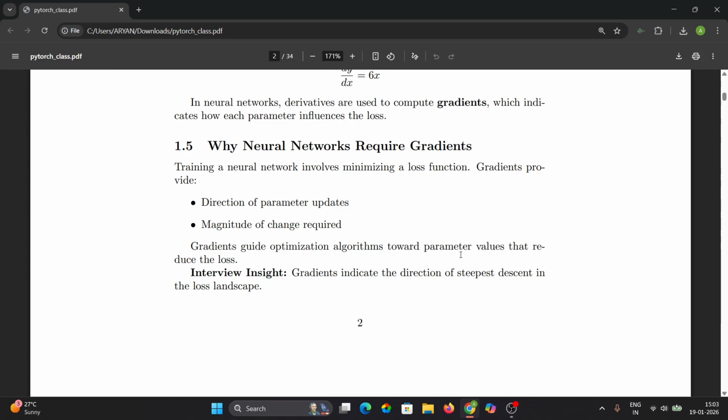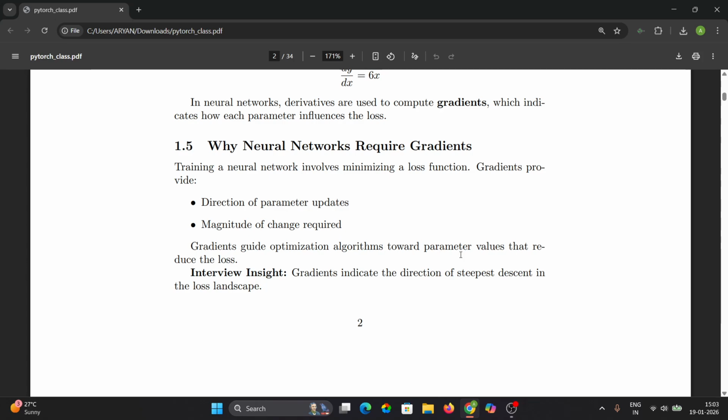Direction of parameter update means in which direction we need to update. In a contour plot of that loss function, which direction do we need to move, right or left? Do we need to move in the right direction to reach the minima, or in the left direction?